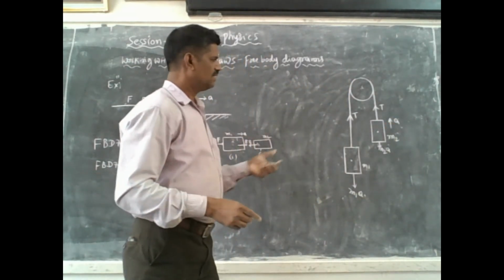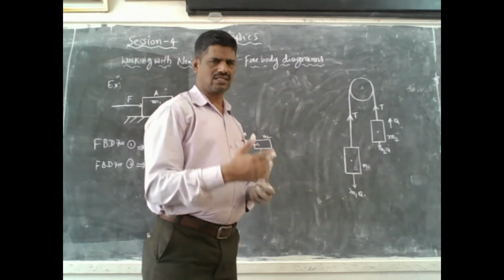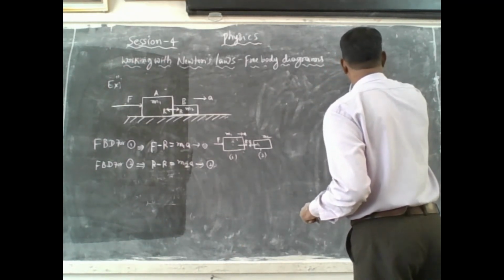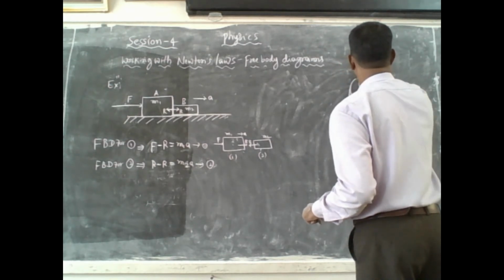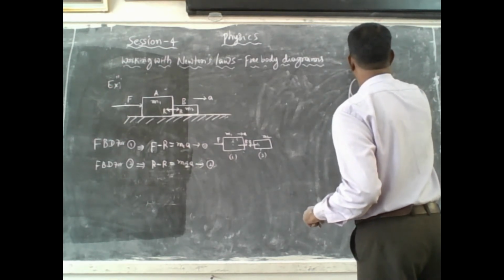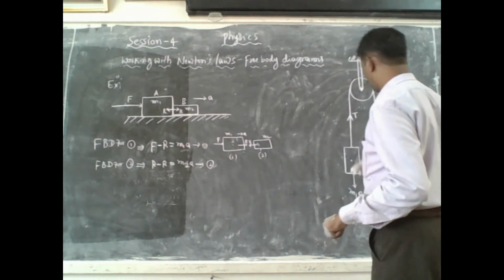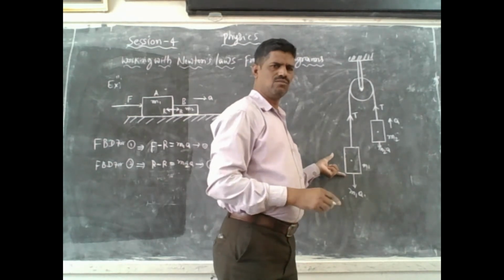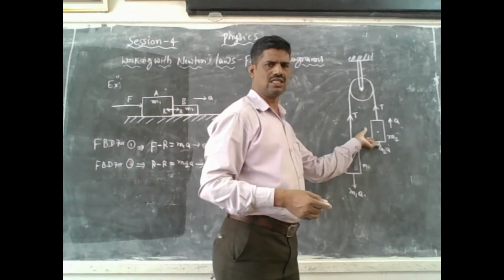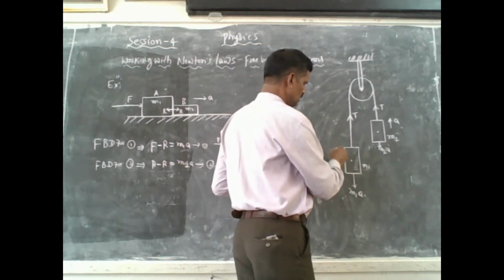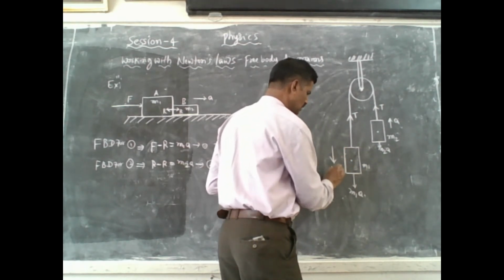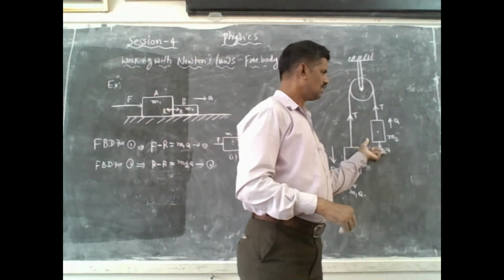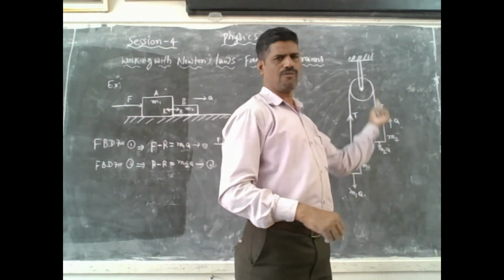So here, suppose the two bodies or two blocks roll over a pulley. This is the heavier block and it has more mass compared to this, isn't it?